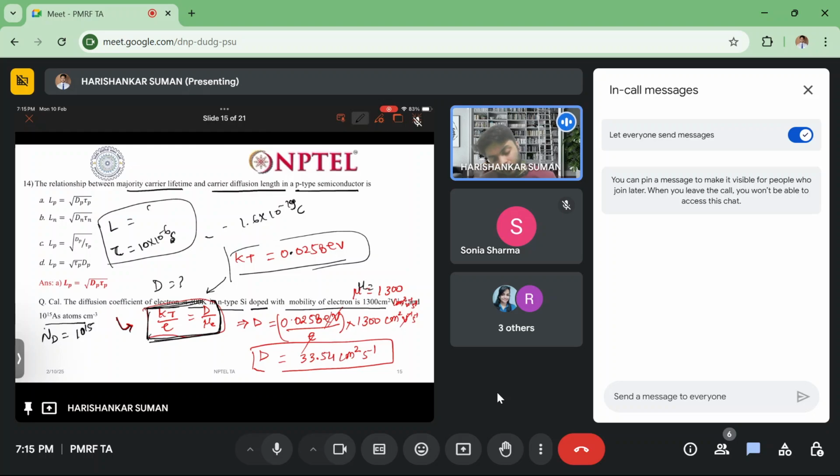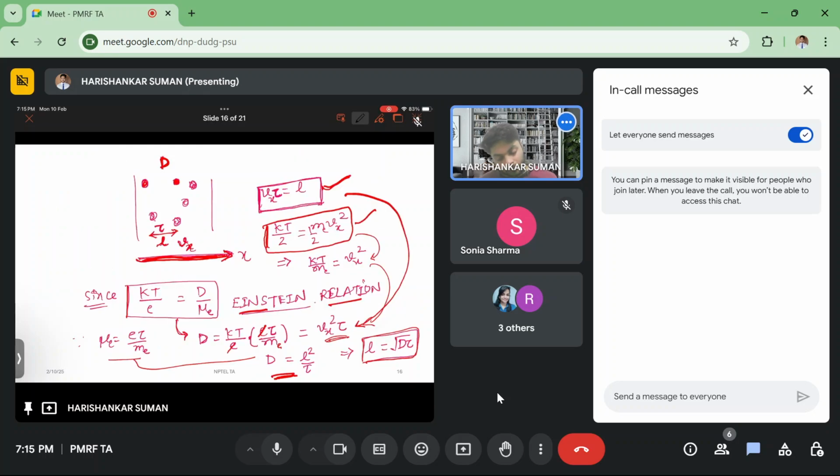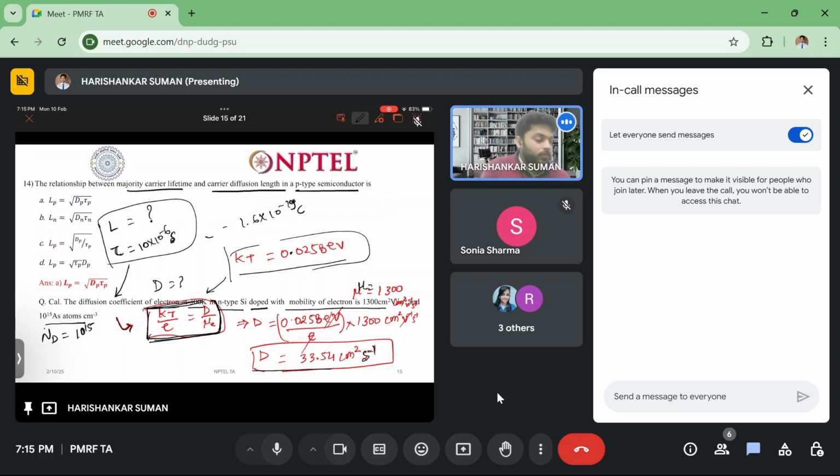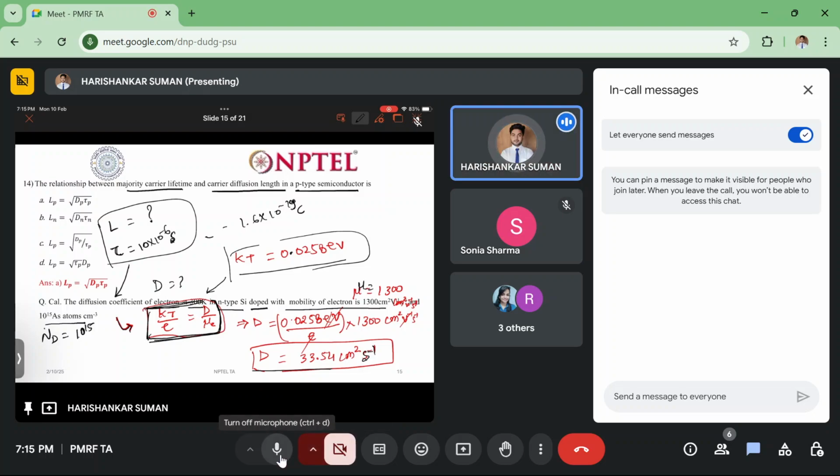Please find the diffusion length for this question. You have D from here, and you have tau. You can take 5 minutes for this calculation. Please understand the calculation and solve this question.